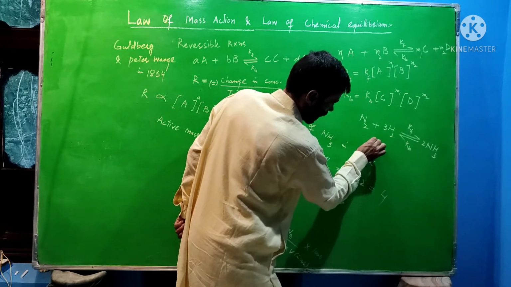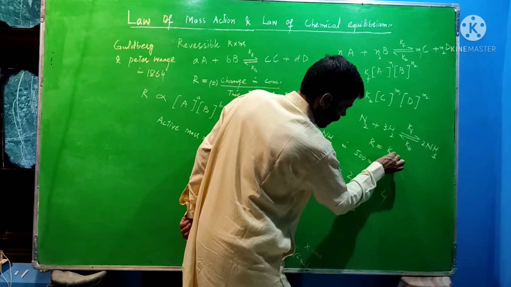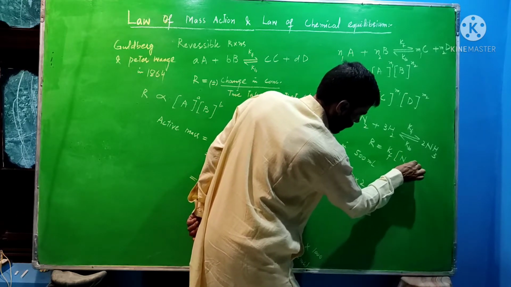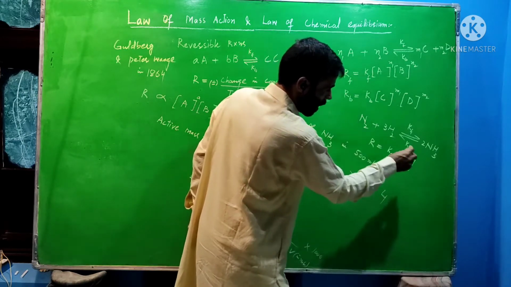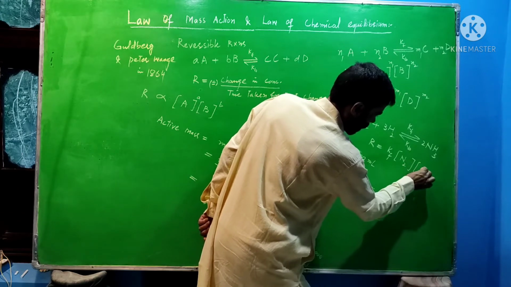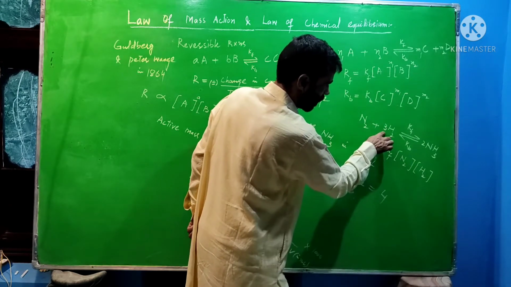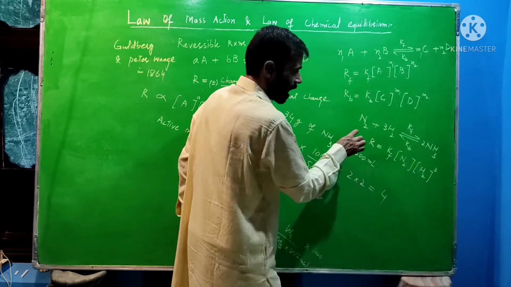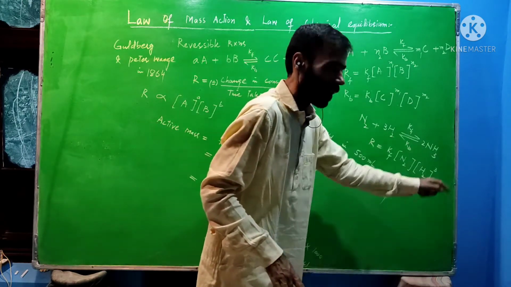Now the rate of the reaction according to the law of mass action is Kf times the concentration of N2 raised to its stoichiometric coefficient 1, multiplied by the concentration of hydrogen raised to its stoichiometric coefficient 3. So this is the law of mass action for this reaction in the forward direction.